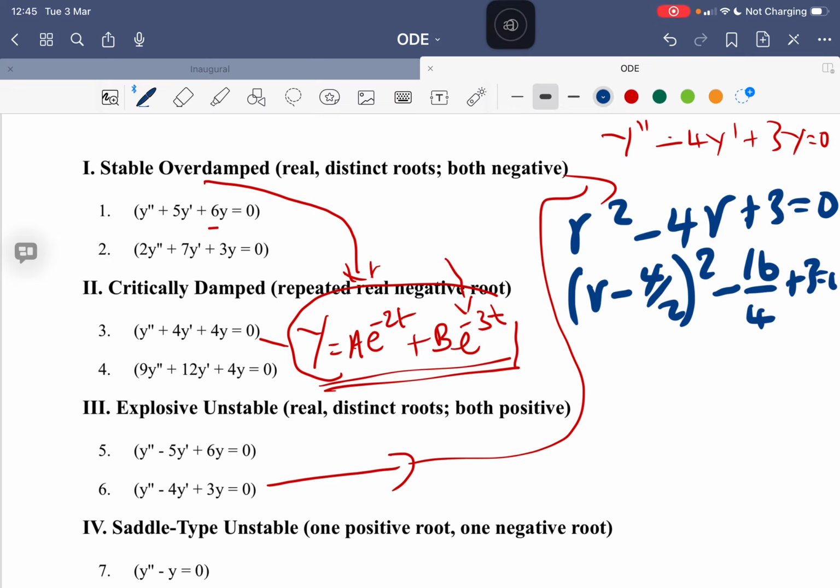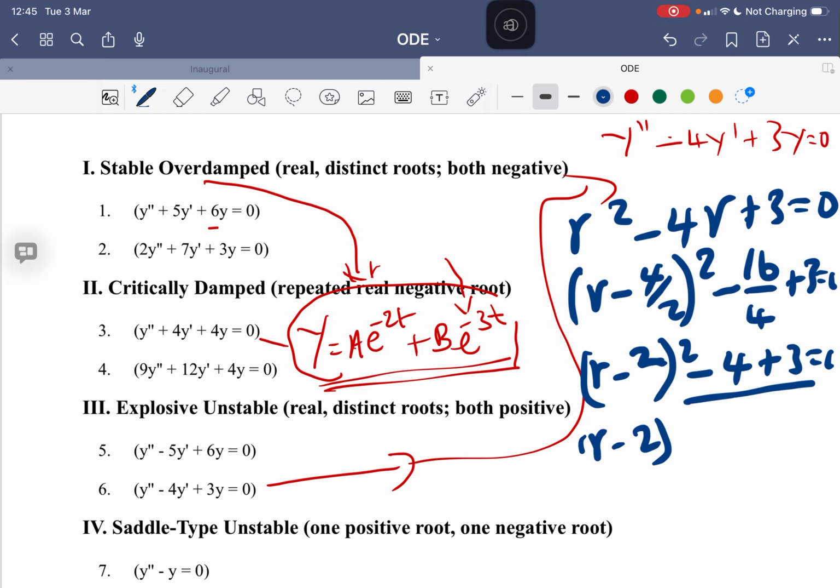If you simplify this, you are going to get (r minus 2) squared minus 4 plus 3 equals 0. Taking this term to the right hand side will give you (r minus 2) squared equals positive 1, because minus 4 plus 3 is minus 1, and minus 1 to the right hand side becomes 1. Therefore, your r will now be 2 plus or minus the square root of 1, which is 1.